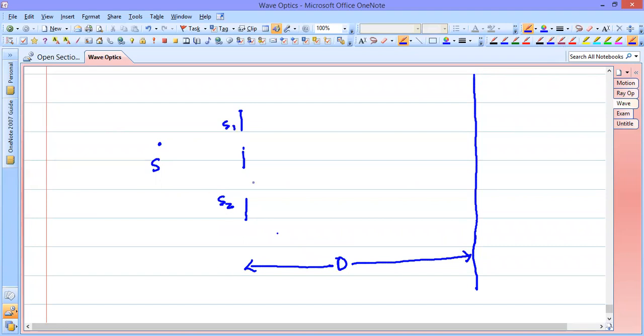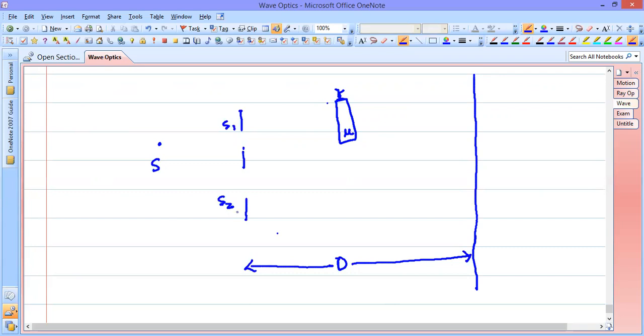Now, in between the slit and screen, I am having a mica sheet whose thickness is t. And this mica sheet is having a refractive index mu.